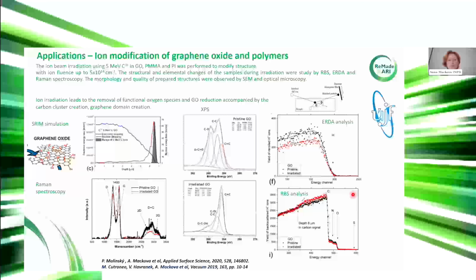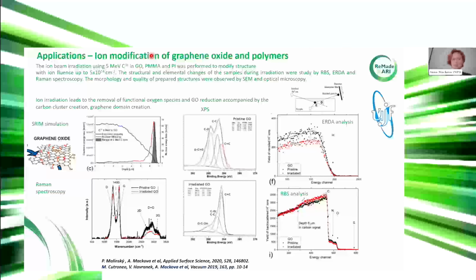So I remind you that graphene oxide is such a special structure, decorated with these oxygen-based groups. And here I would like to say that first we would like to make microstructures in graphene oxide. We have to reduce graphene oxide locally with a microbeam. But firstly, we need to know how it will react to our ion beam treatment.